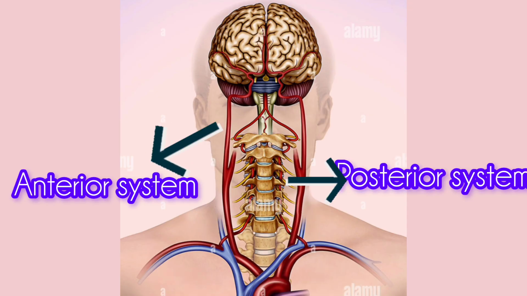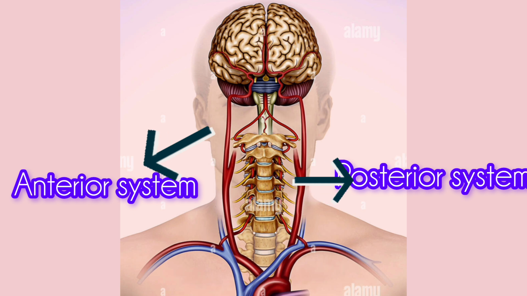The next one is the systems. There are two systems involved in the blood supply of the brain. One is the carotid system, the other is the vertebral system. The anterior system is the carotid system and the posterior system is also called the vertebral system. The carotid system is again divided into the external and internal carotid.